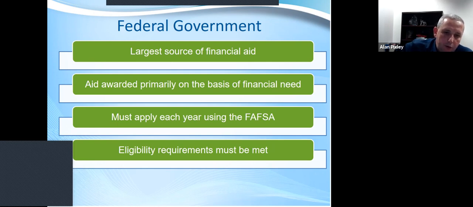There are eligibility requirements that have to be met. For instance, to get federal student aid, you have to either be a citizen or an eligible non-citizen. An eligible non-citizen might be a permanent resident or someone that has been granted asylum for the United States. So there are those categories where students must meet that requirement. You also have to graduate from high school.